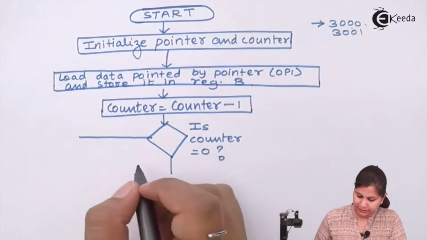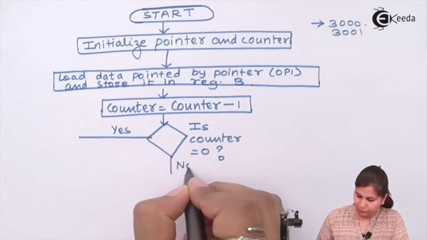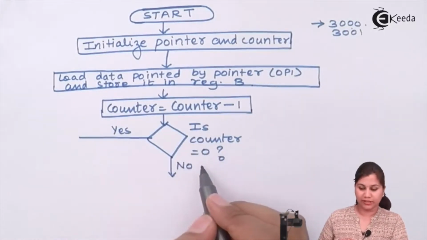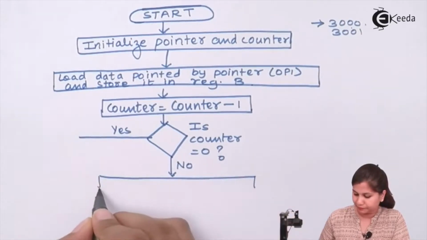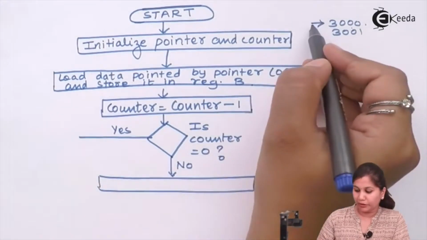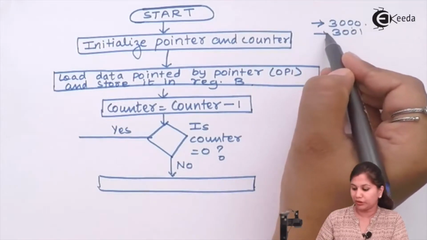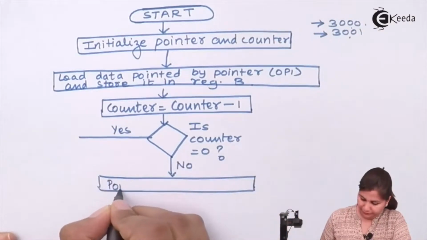So this condition can be yes or this condition can be no. Now when the counter is not 0, the next step will be to increment the pointer. Because first the pointer is at the 3000 memory location, now the pointer has to come to the 3001 memory location. So we have to increment the pointer.